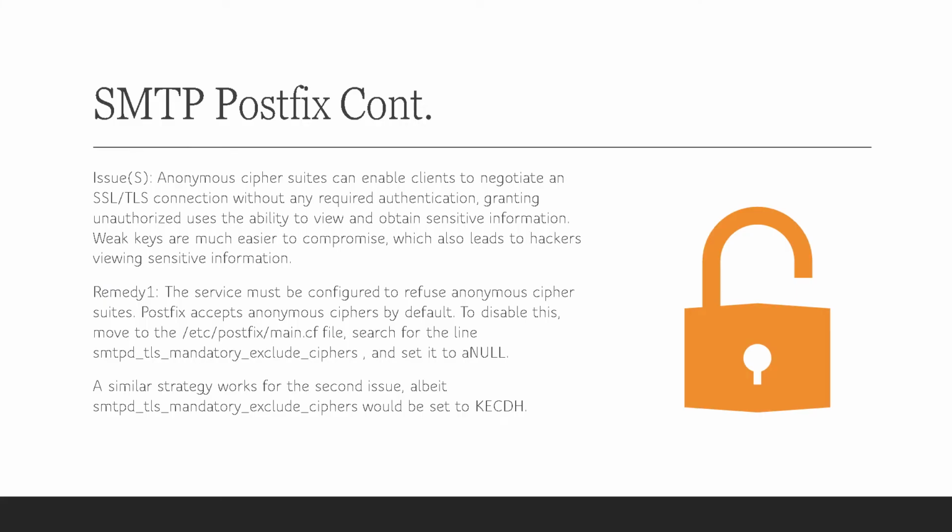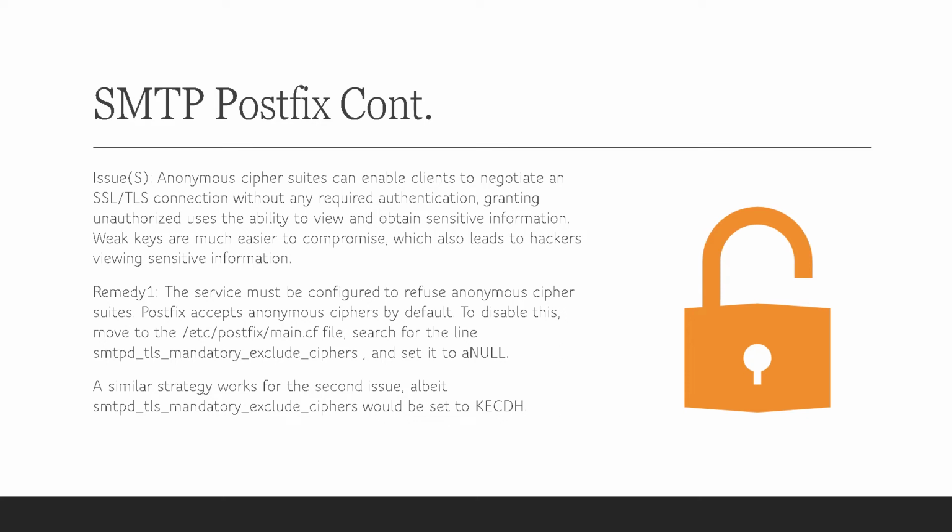So we are continuing on with the issues revolving around Postfix. The problem with anonymous cipher suites is that they can let clients negotiate TLS connections without any semblance of authentication, meaning that anyone can obtain and view sensitive information without authorization.